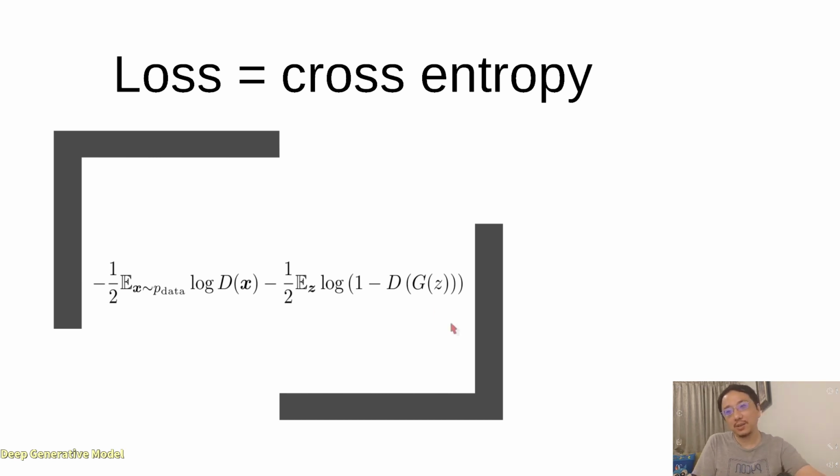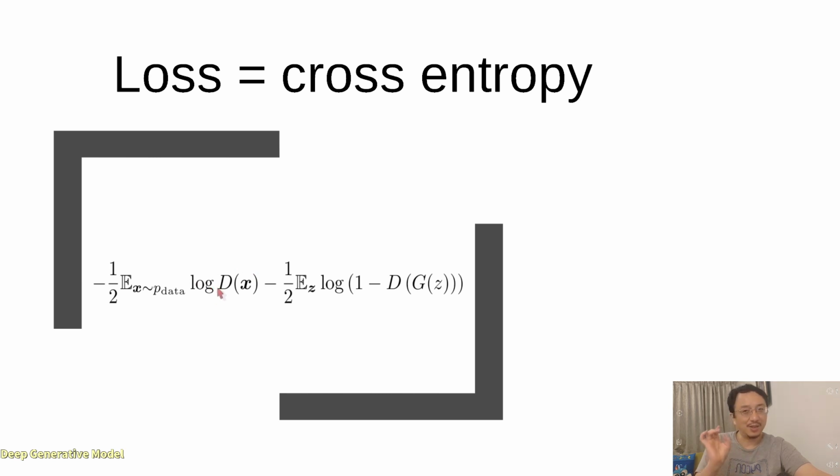In other words, for a discriminator, when x is from the real image, it wishes to output 1. The perfect score is 1. So D(x) is equal to 1. So log 1 is 0.